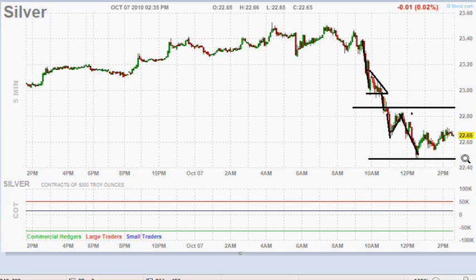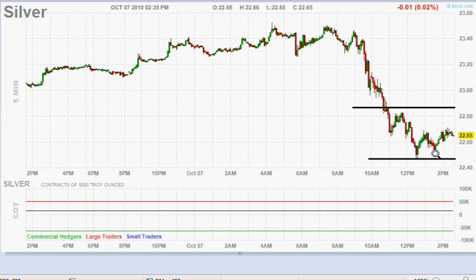We have just made a higher low right in here. We have pretty much matched this top. So it's trying to stabilize and trying to correct the trend in the market.